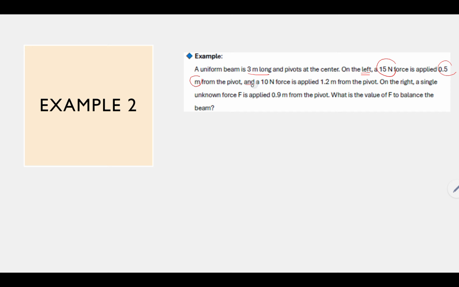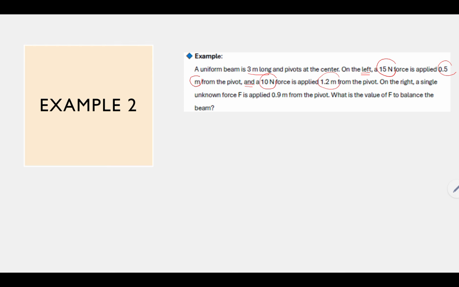And there's a second force on the left, a 10 Newton force applied 1.2 meters from the pivot. So on the left, I have two forces, 15 at 0.5 meters and 10 at 1.2 meters. On the right, there is only one single unknown force, which is 0.9 meters from the pivot. What's the value of F to balance the beam?